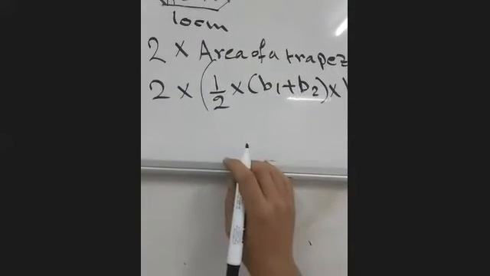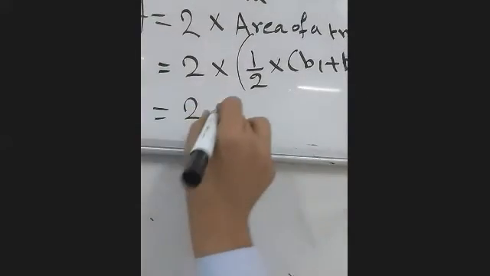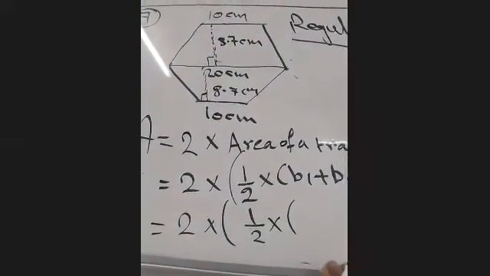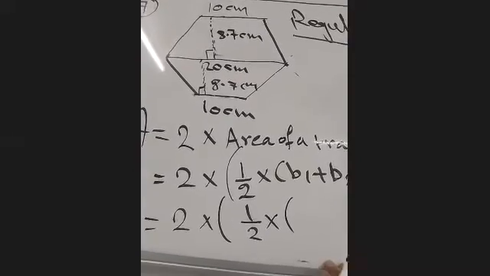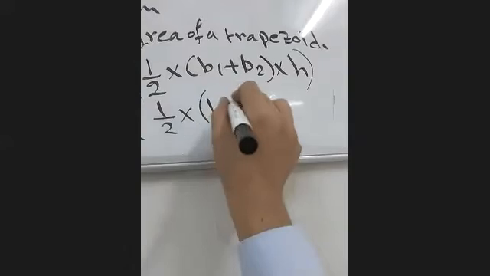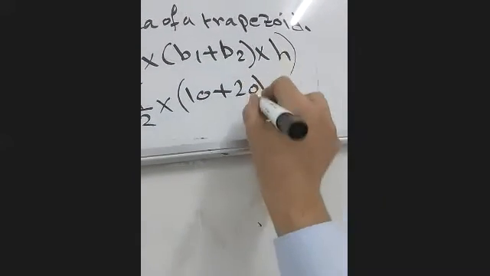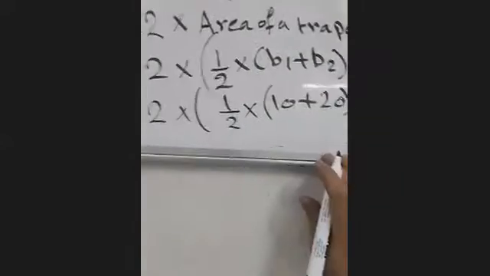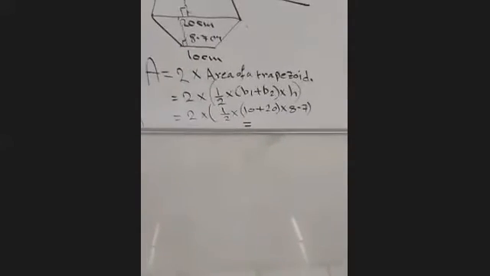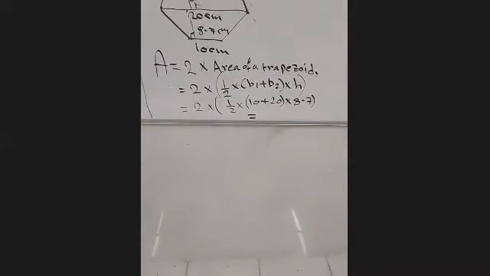So A equals 2 multiply half multiply base 1, how much? It's 20. You can say 10 or 20, it's okay. So it is 10 plus 20 multiply the height, 8.7. Now we multiply and add, and I will do them for you using a calculator.